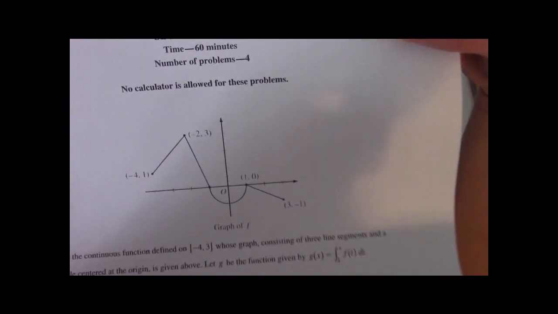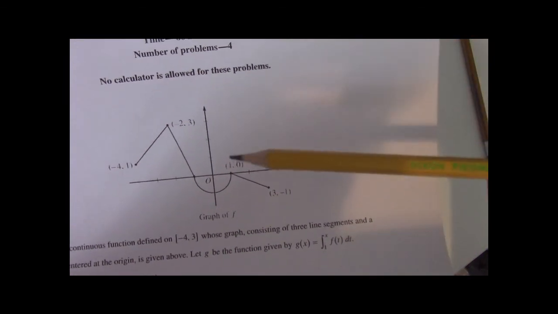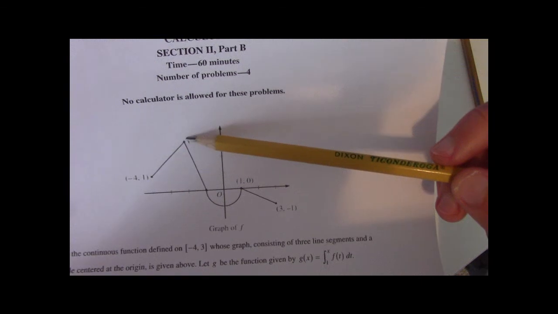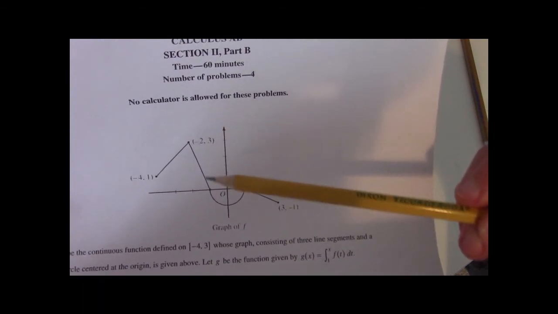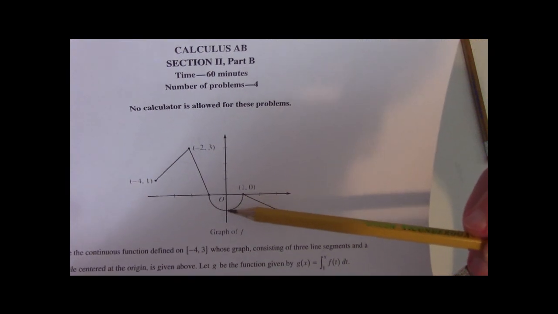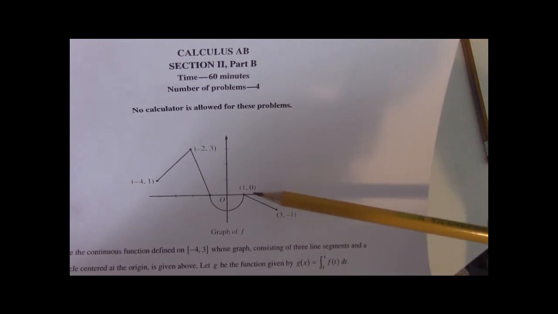So we look at our graph, and we see that it changes from increasing to decreasing at -2, changes from decreasing to increasing at 0, and it changes from increasing back to decreasing at 1.